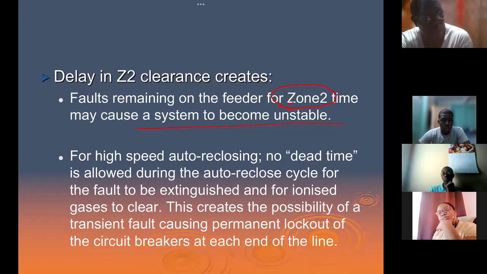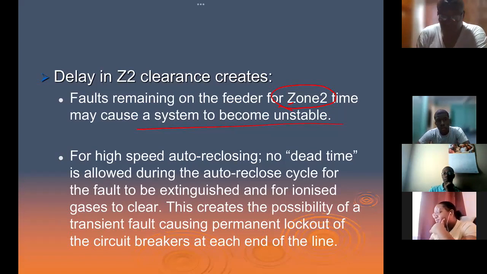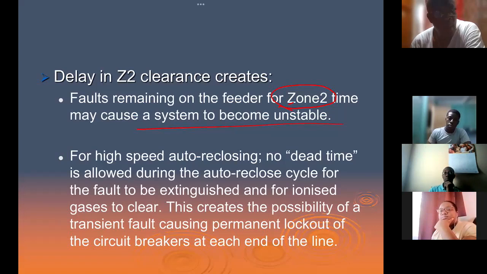So there are mechanisms actually built in to ensure that it is not instantaneous. I hope that makes a little sense. All right? Okay, so the first one is that we don't want one end to maintain the zone 2 timing while the other end is instantaneous, because it's going to result in instability.